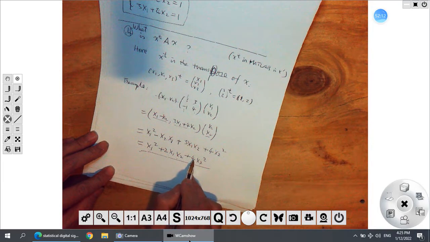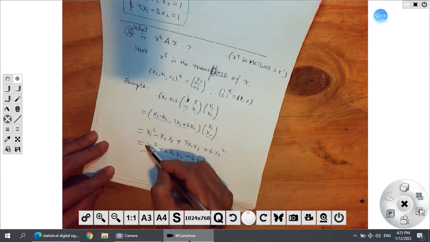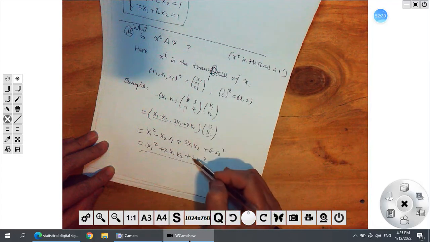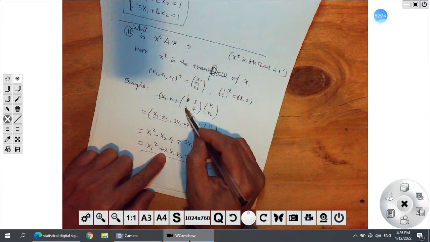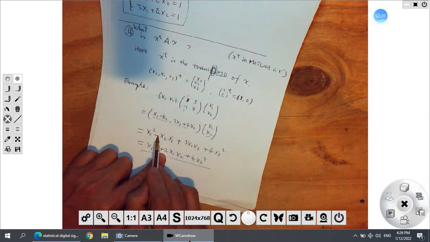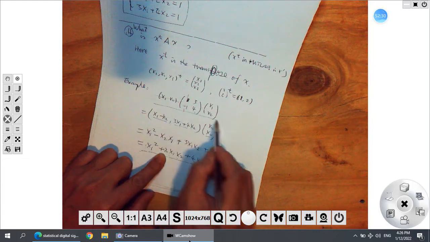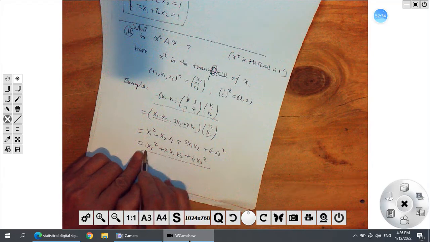Where does the coefficient come from? You see, 1 is this one. And 4 is here. And this 2 is 3 minus 1. You get 2. Right? So you can just get the result by observation.